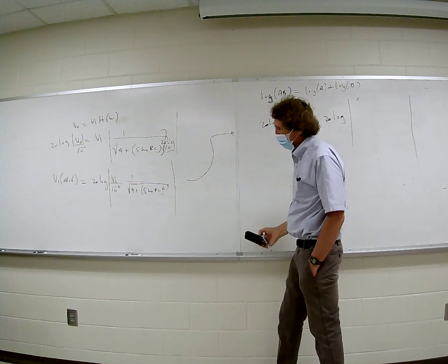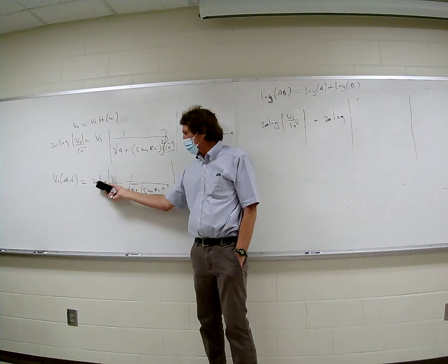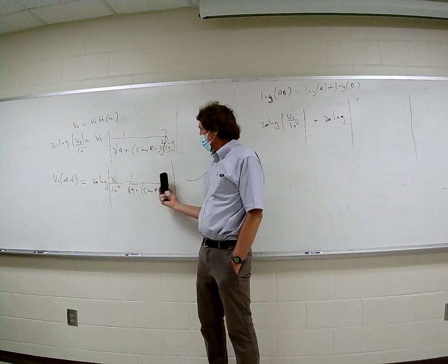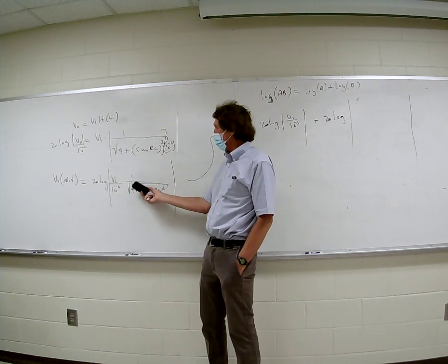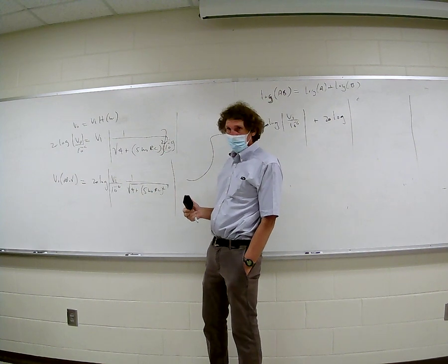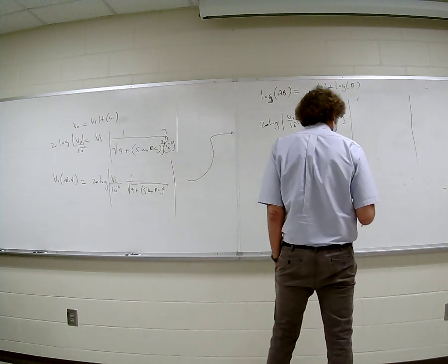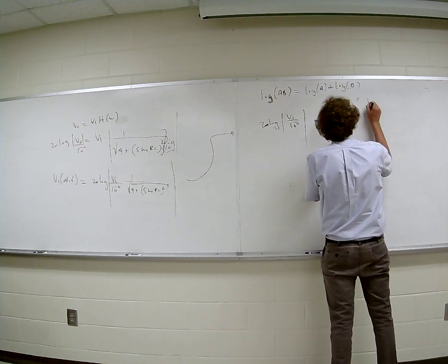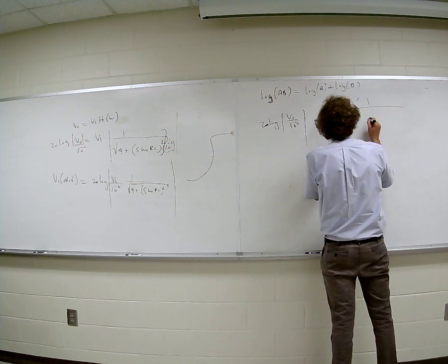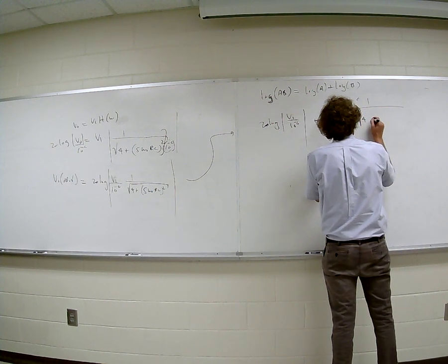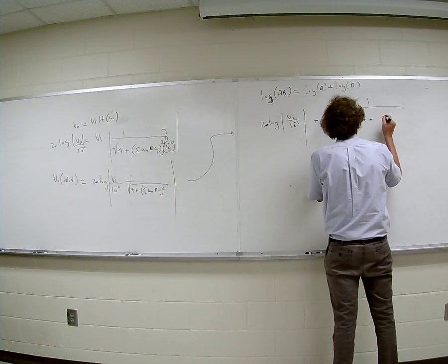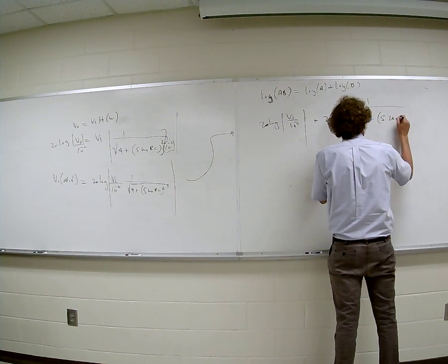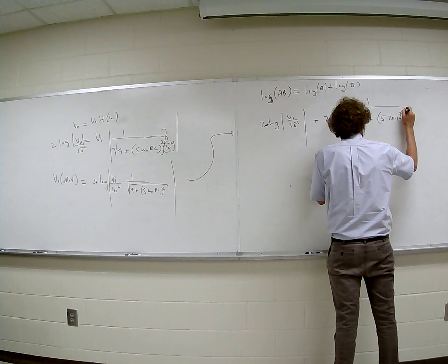Now I'm going to show you something. You see how it expands from there? 20 times the log is just Vi over 10 to the minus 6. Then we have 20 log of this. Well, that's log of 1 minus the log of the lower one. So just so you know that, I'll leave it in terms of just a ratio of things. So it's plus 20 times the log of 1 over the square root of 4 plus, and then it's going to be 5 times 2 pi times 10 to the 7th, right?